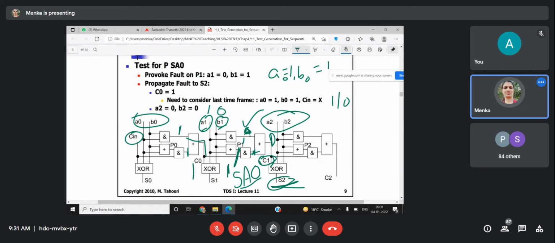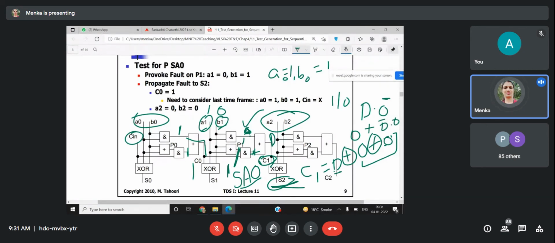So you can see C1 is equal to D XOR with A2 XOR with B2. So D should be XORed with what, so that you can get the value either D or D bar? If we XOR 0 with 0, what comes? 0. If you XOR 0 with anything, you will get the same value, D, or the complement of that, D bar.